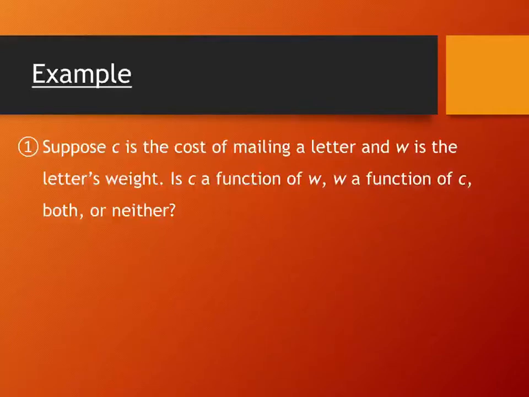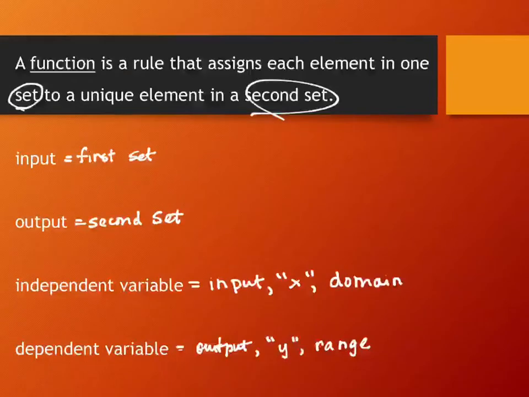So this question is actually asking you whether or not things are a function of one another. So we have our item that we're trying to mail, and it has a specific weight, W. And the question is whether the cost to mail it is a function of its weight. So we're going back to this idea of function as defined over here.